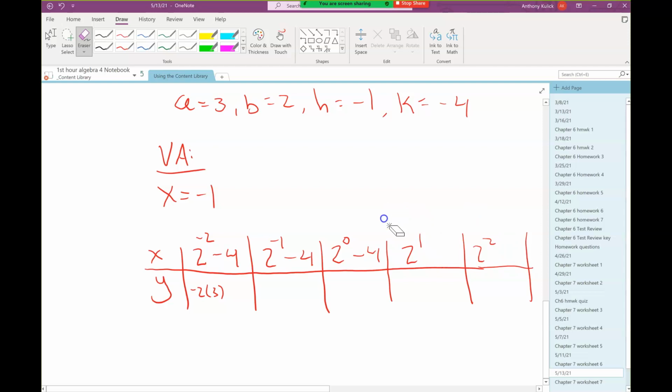It's not these powers of b plus k, it's supposed to be plus h. Ay caramba. That's better.